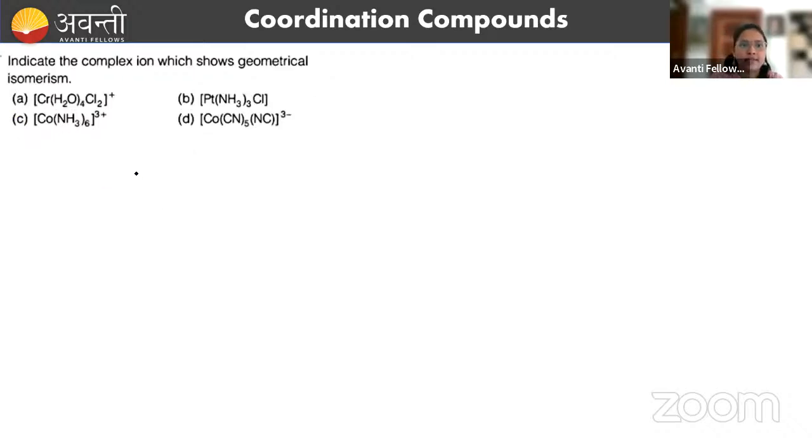Next, indicate the complex ion which shows geometrical isomerism. Again, the same question. Which will be showing the geometrical isomerism? A, B, C, D. Very simple.